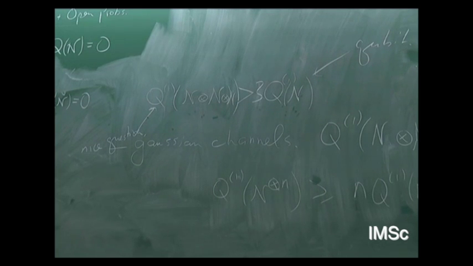The other question: in the past, the construction of Oppenheim used to say that the quantum capacity of N1 is 0 and N2 is 0, but the tensor product has quantum capacity greater than 0. And for this, the private capacity of N2 must be positive. But what about the private capacity of N1? It may be 0. In fact, it is 0 in these cases because it's a symmetric channel. At least one must have positive private capacity for that construction to work.